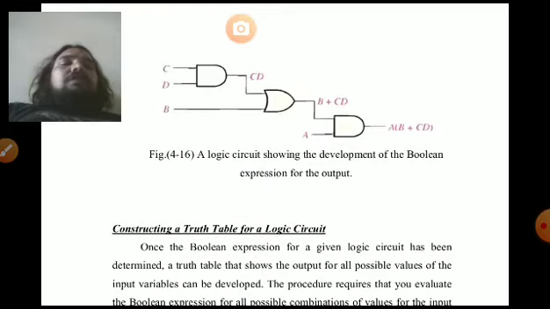This is a logical expression where first we take the inputs C and D into the AND gate.